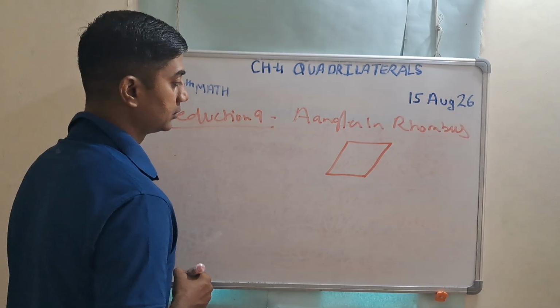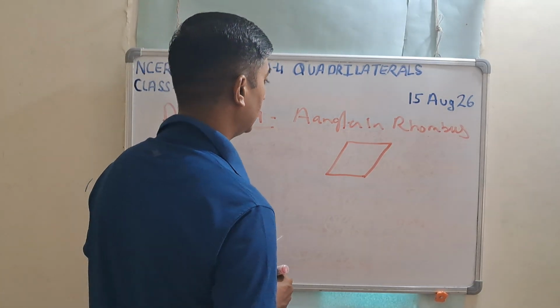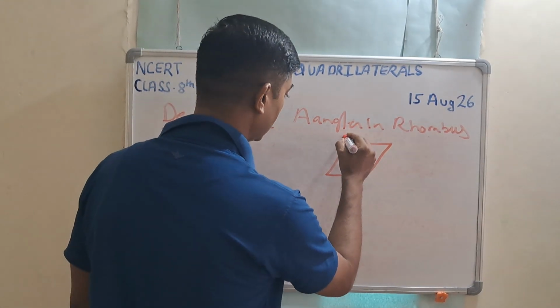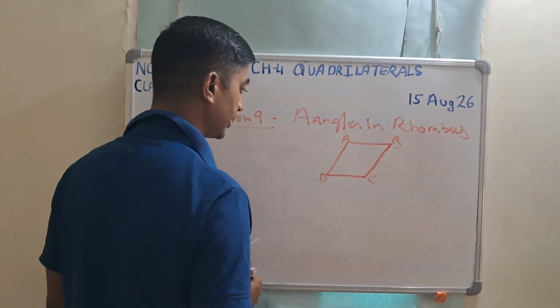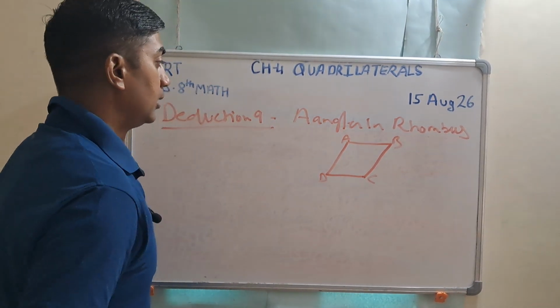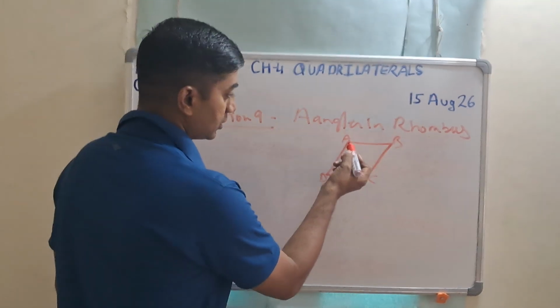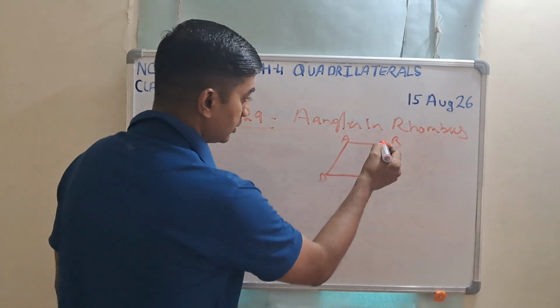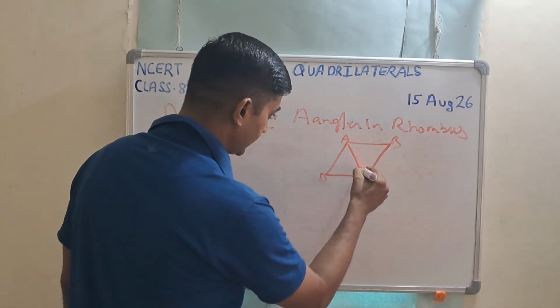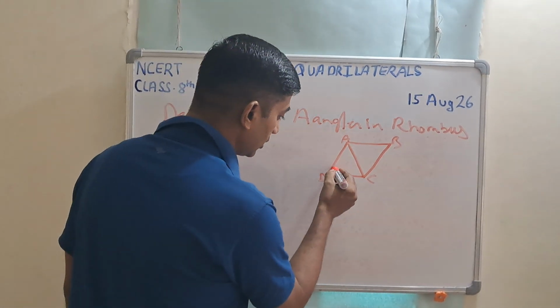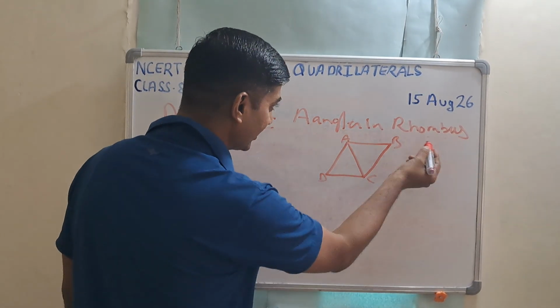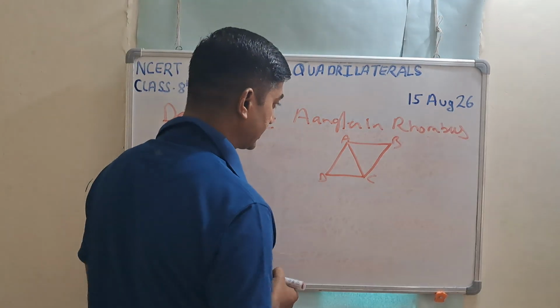This is our figure, and let's name it A, B, C, D. Understood? Okay. Let's join this diagonal, and now we will see the angles in a rhombus. We will see the nature of angles in a rhombus.